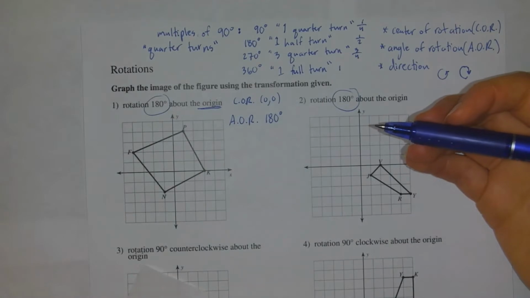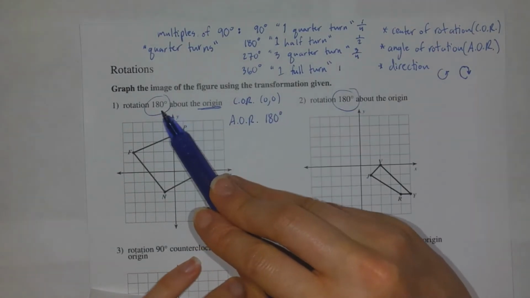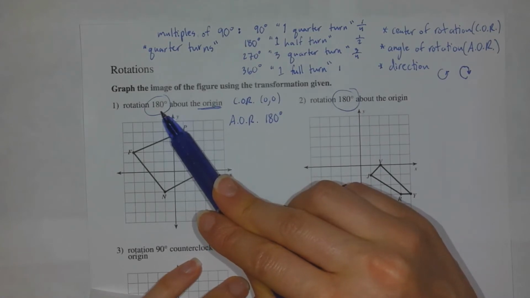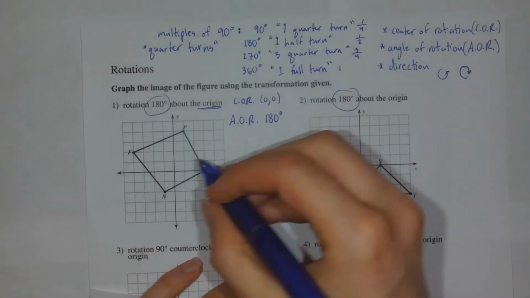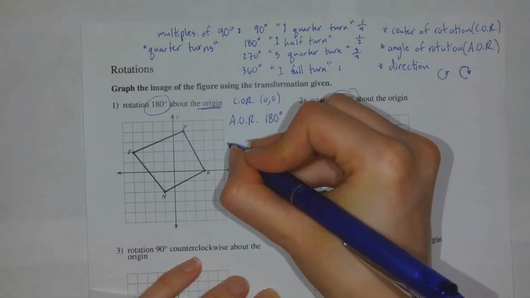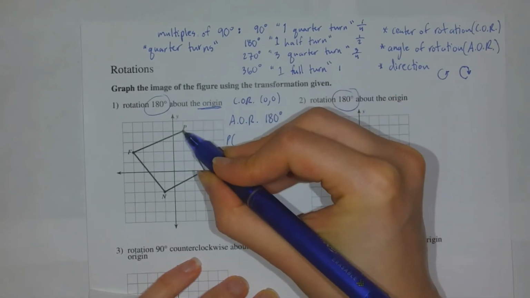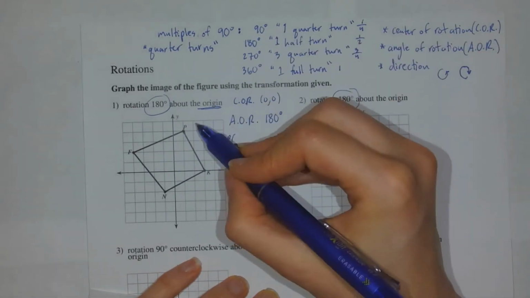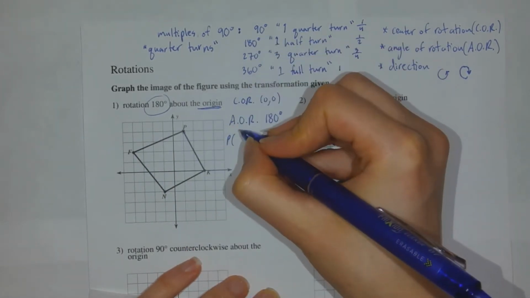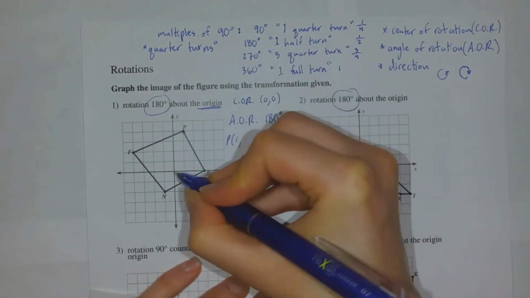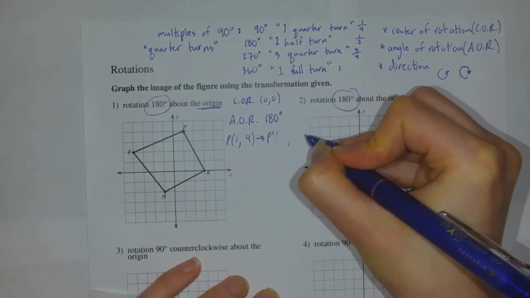We're dealing, in this case, with a half turn, right? Let's first list the coordinates of the points in the pre-image. P is 1, 4, and it's going to get mapped to P prime.